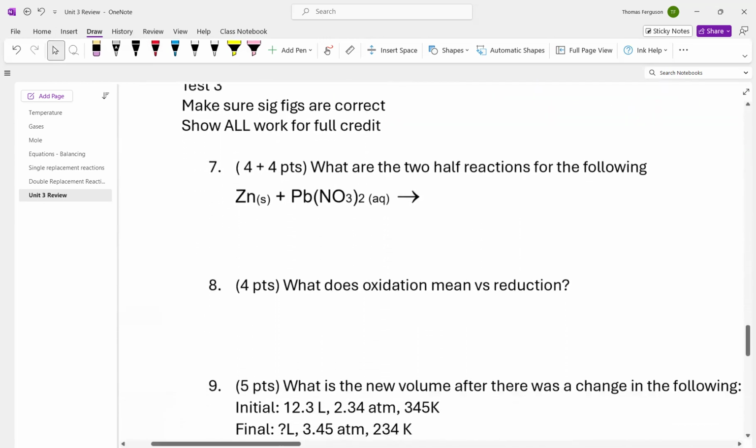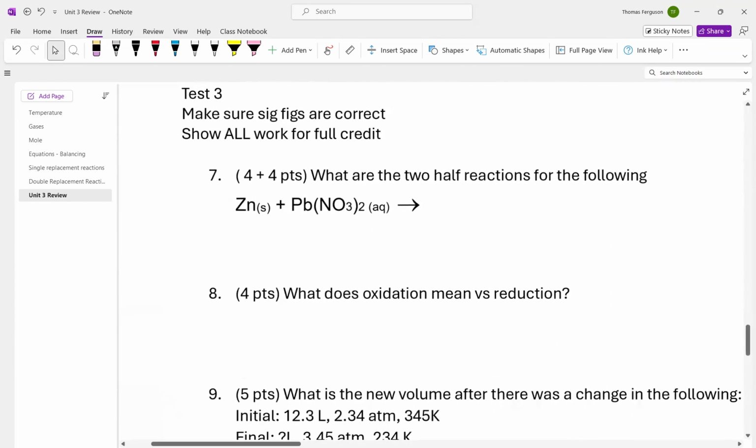The same reaction, what are the two half reactions? Okay, so the metal is being oxidized. So zinc plus 2, that means it's going to lose 2 electrons. And then we have to have those 2 electrons being gained back.